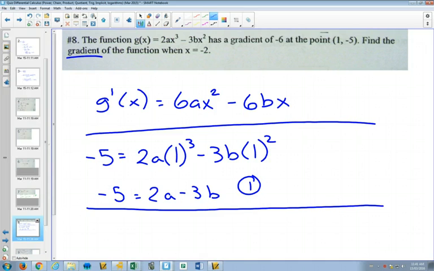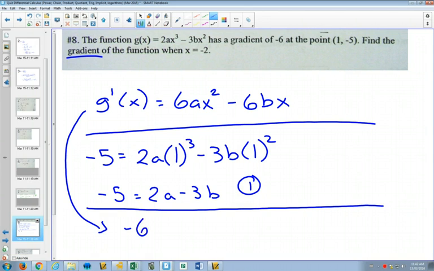What also do I know about the function? I know it has a slope of negative 6 at that point. So can you see that with your derivative, that when x is equal to 1, the slope is negative 6. So I can plug that in. The derivative is my slope.